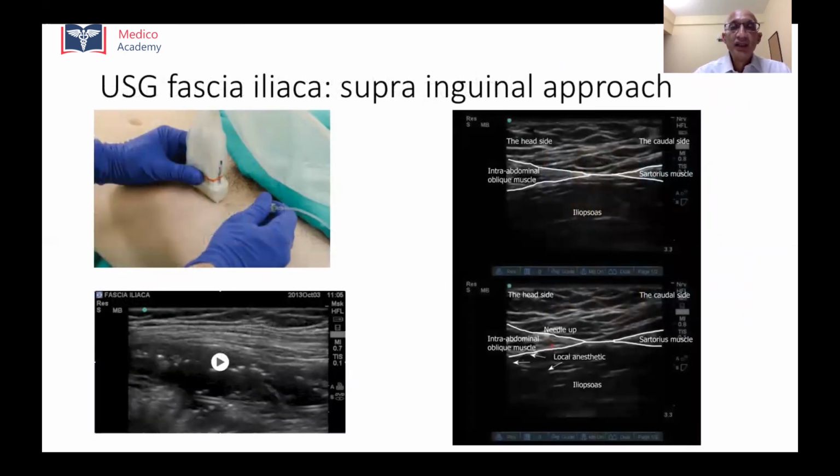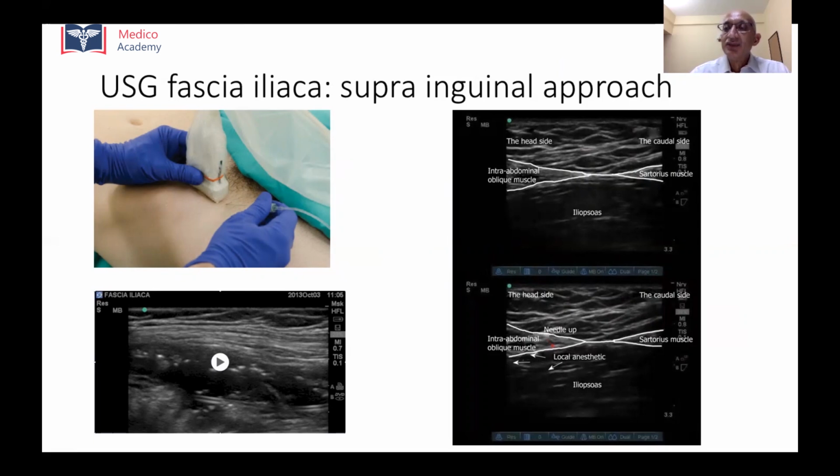Ultrasound guided fascia iliaca block, a supra-inguinal approach, is supposed to be better. In this, the high frequency linear probe is placed longitudinally lateral to the femoral vessels, looking to elicit this bow tie or hourglass sign.